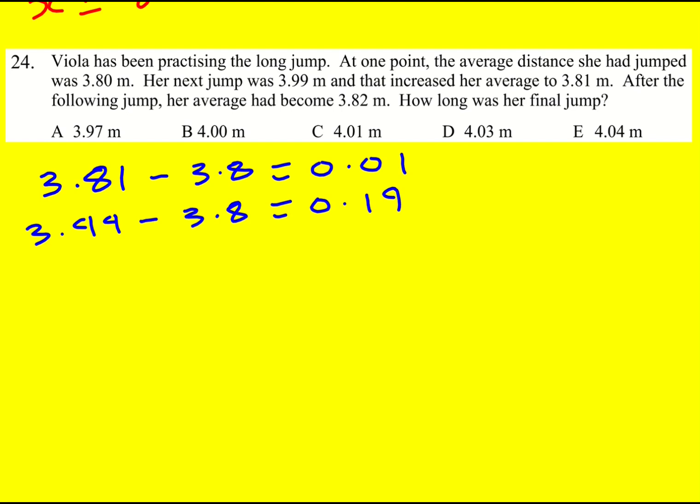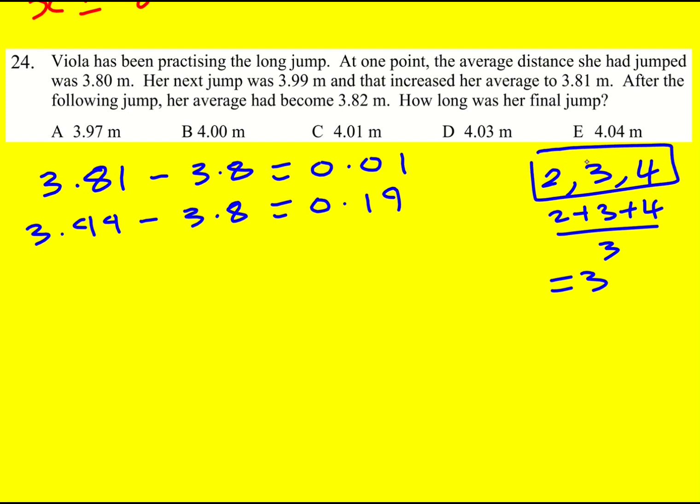Now when you're doing the mean, let's say you've got some numbers 2, 3, and 4, very simple one. The mean is 2 plus 3 plus 4 over 3, which is equal to 3. It's what every person would receive if they were to receive equal amounts of all the counters or whatever you have. So we're sharing things out equally.